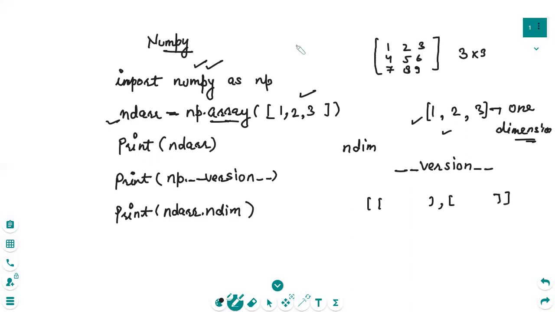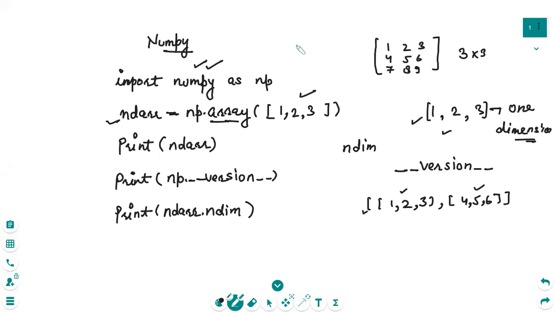Which contains two elements, and each sub array contains some elements. Suppose 1, 2, 3, and 4, 5, 6. Right? This is a two-dimensional array. Each square bracket represents a dimension of an array. And how many square brackets are there in this array? There are two square brackets in this array, right?